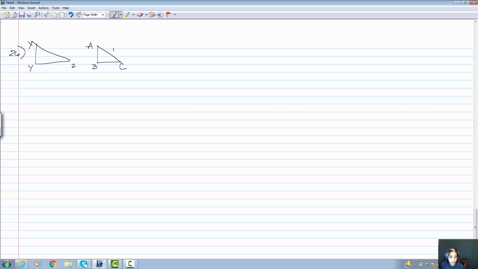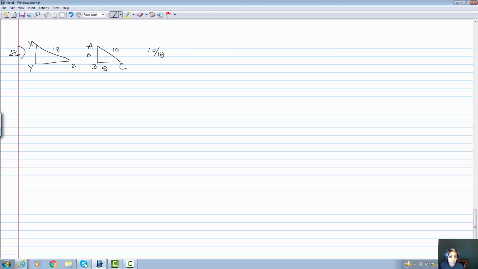So we've got the dimensions for ABC, but for XYZ, we only know the hypotenuse. But since we know they're similar, that's enough to tell us that the ratio is based on the hypotenuse.